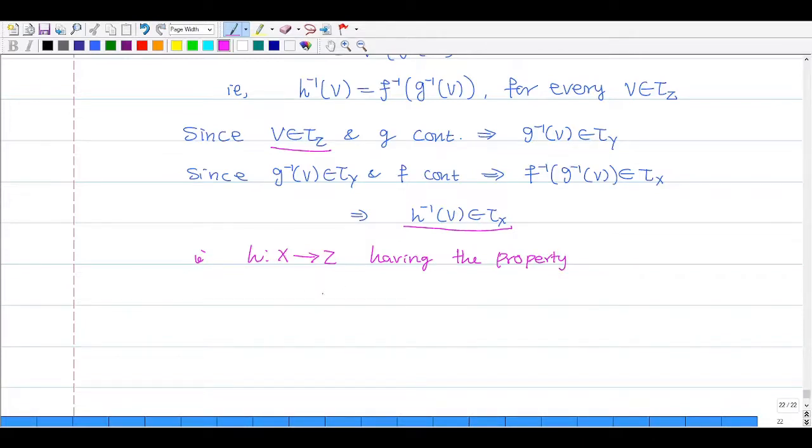That is h inverse of v belongs to tau X for every v belongs to tau Z. So this implies that h is continuous.